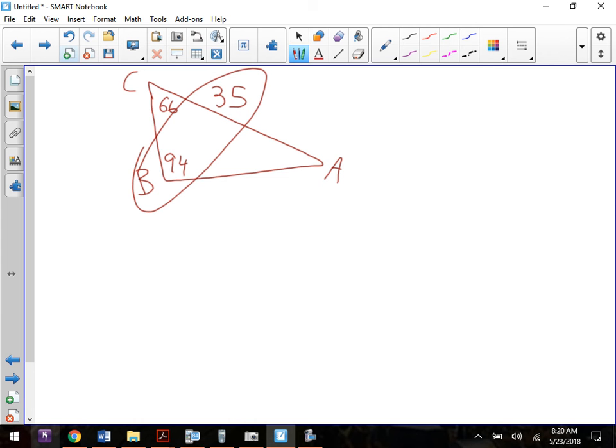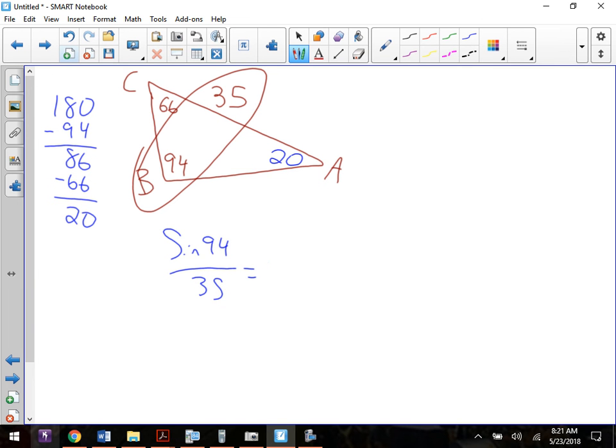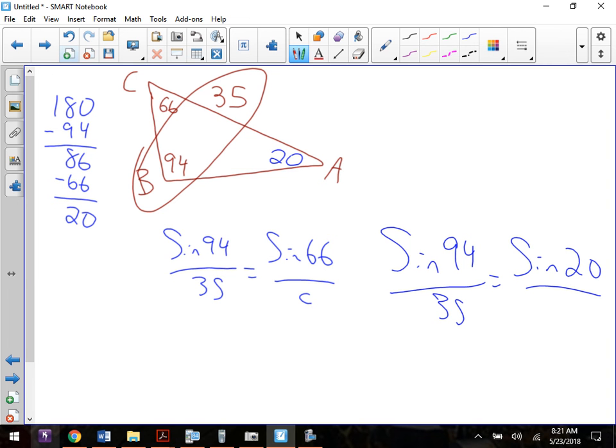So this is, now bear with me here. Was it 86? I believe we get 20 for angle A. Now I just use law of sines to figure out the rest. So I've got the sine of 94 is to 35 as the sine of 66 is to side C. Sine of 94 is to 35 as the sine of 20 is to little a.